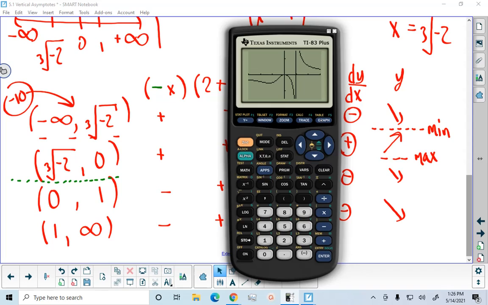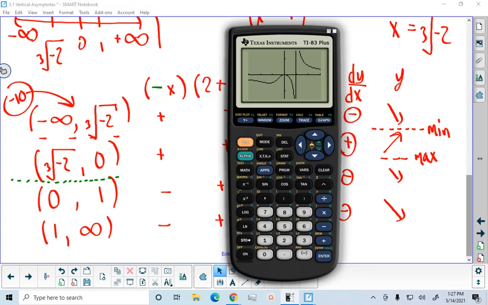So there is an asymptote at x equals 1. There is a minimum at the low part of that valley on the left of the graph, which I'm assuming is the cube root of negative 2. And there's a maximum at 0, which is really weird because there's no point at 0.